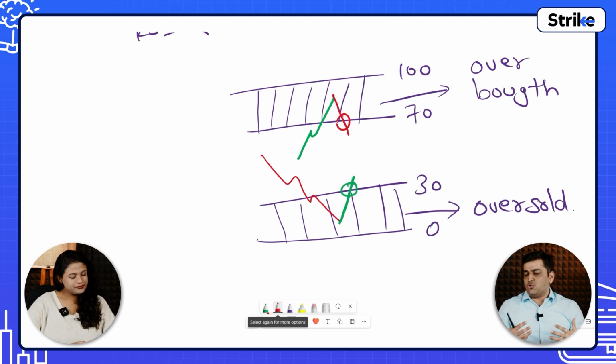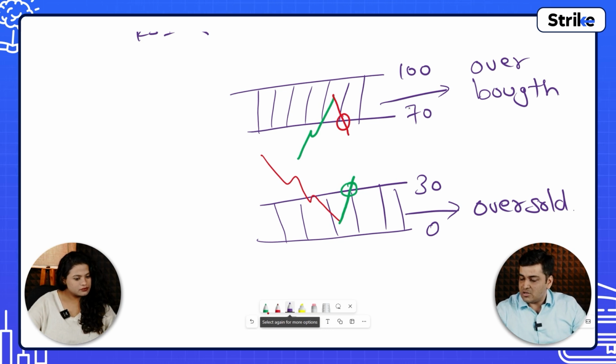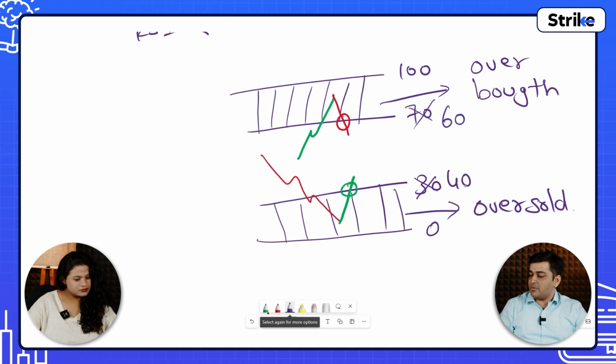Now, this is general. What I use for myself is, I modify the overbought and oversold zones a little bit. Instead of 70 and 30, we will use 60 and 40 to find the overbought and oversold zones. When do we do this? Every time.